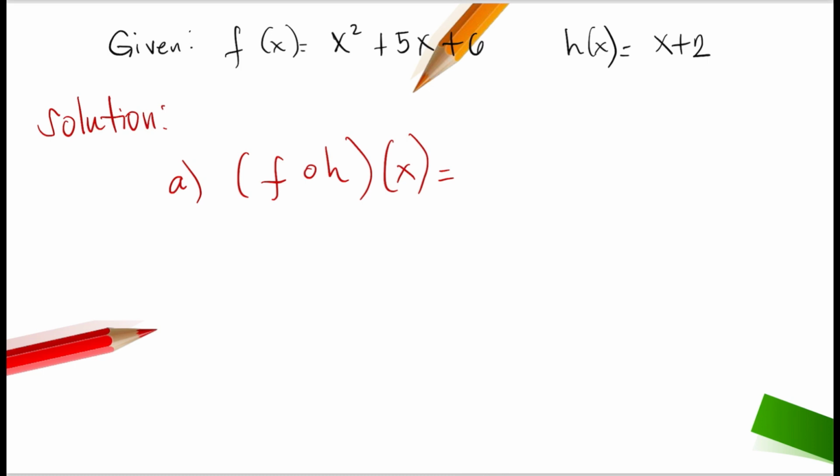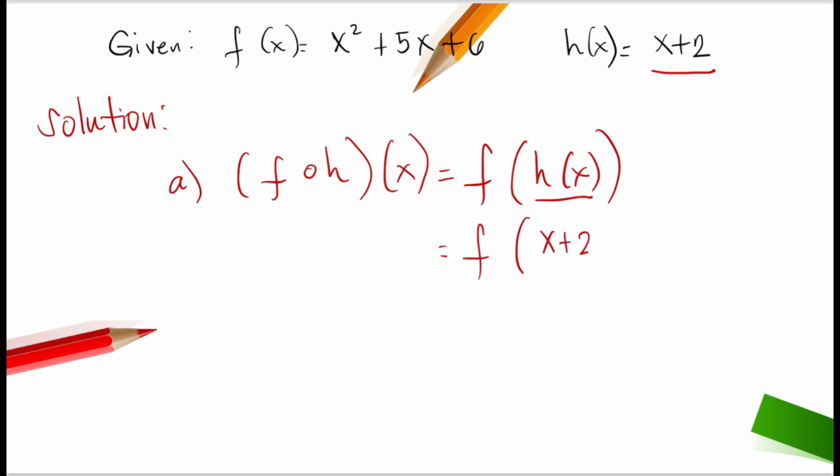For our solution, problem A, the (f∘h)(x) is equal to, by definition, f(h(x)). Now, let us replace h(x) by x + 2. That is now f(x + 2).